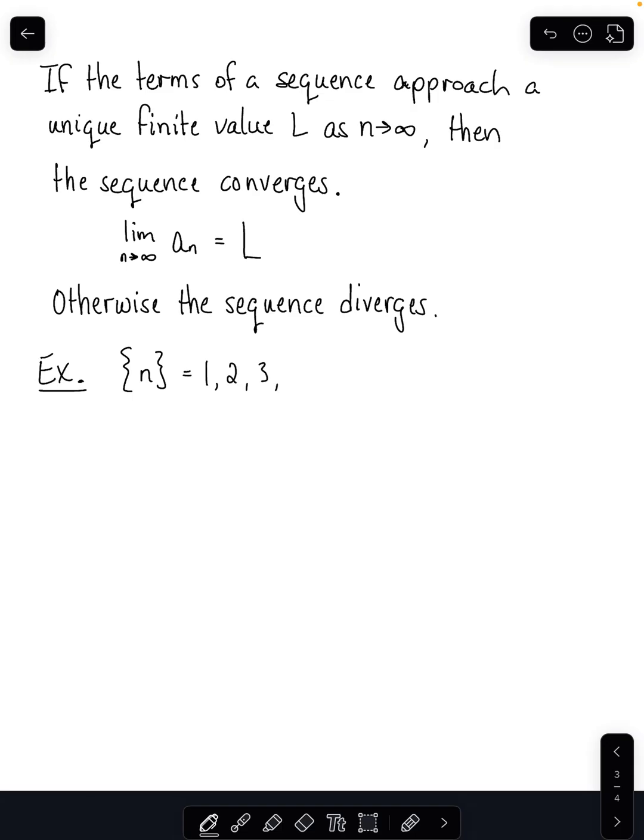When n is 3, the term would be 3. When n is 4, the term would be 4. And so on. In this case, the terms continue to grow and grow and grow. So the limit as n approaches infinity of n is, of course, infinity. This sequence diverges.